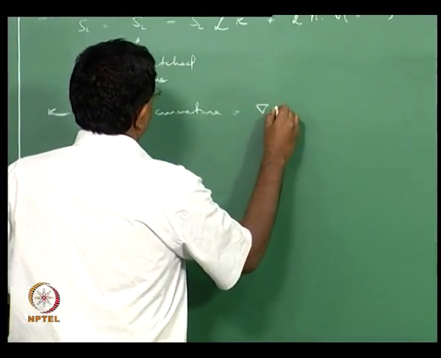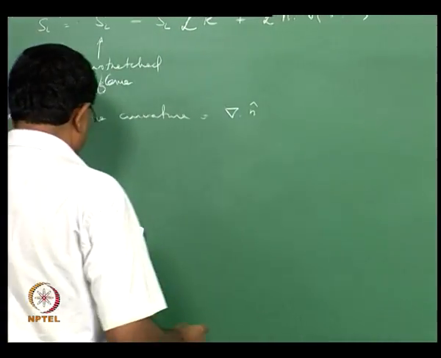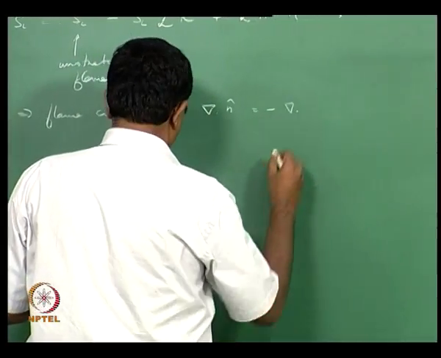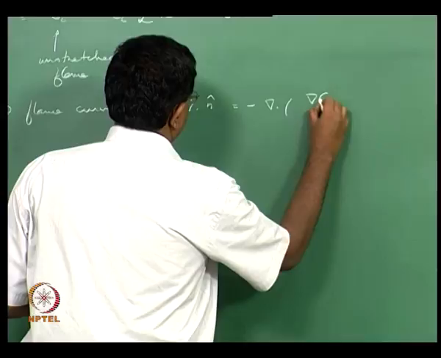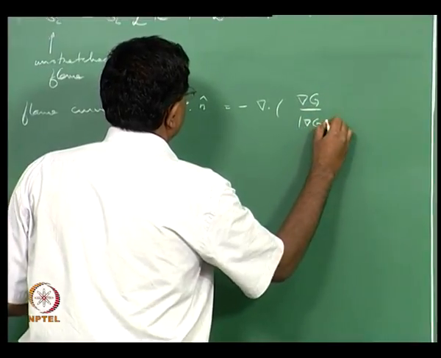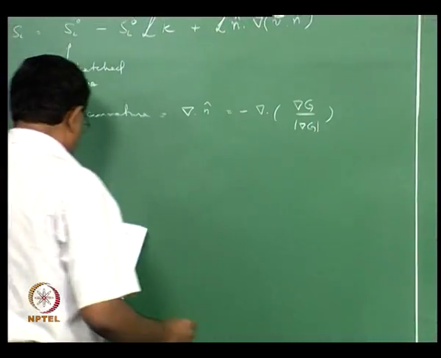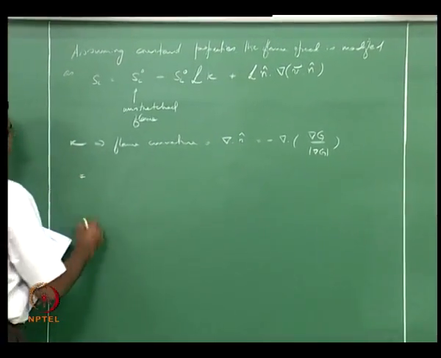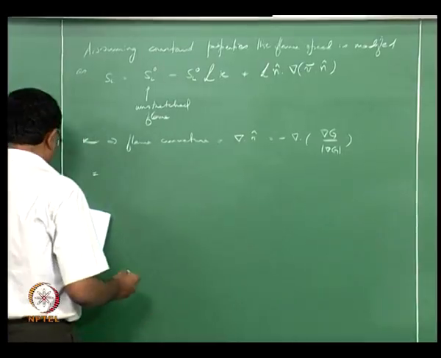that's equal to divergence of n hat, which is nothing but negative of divergence of grad g divided by mod grad g in the framework of the G equation. And so of course you can now try to do a chain rule differentiation here.